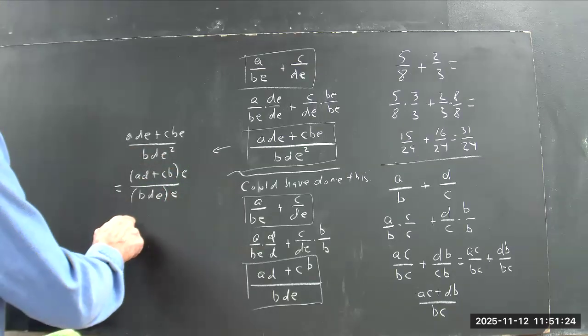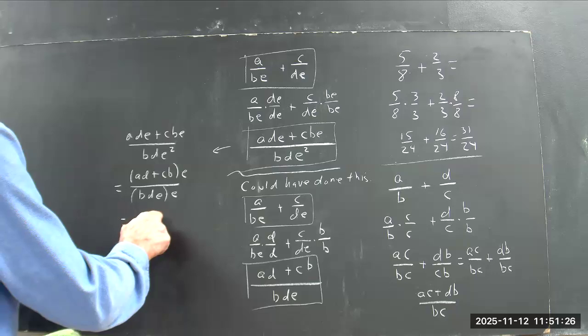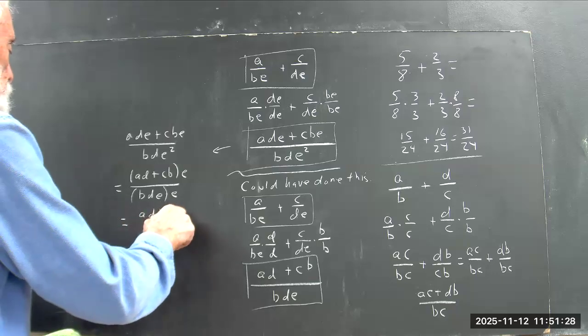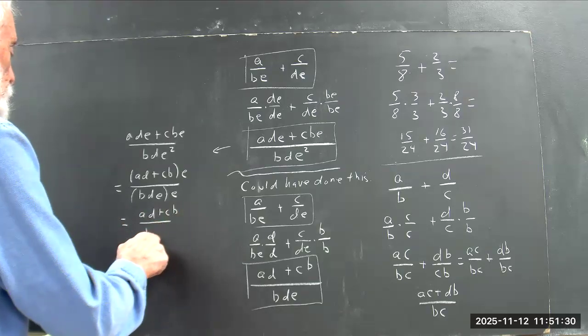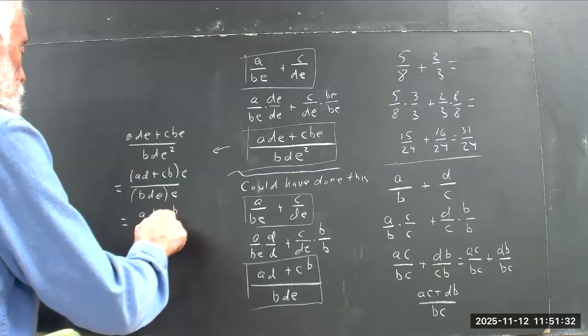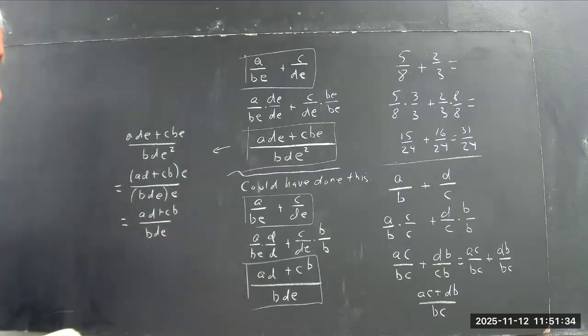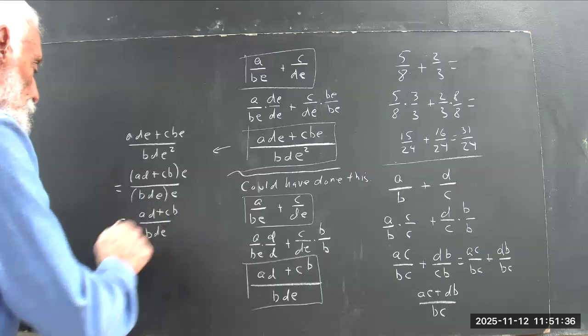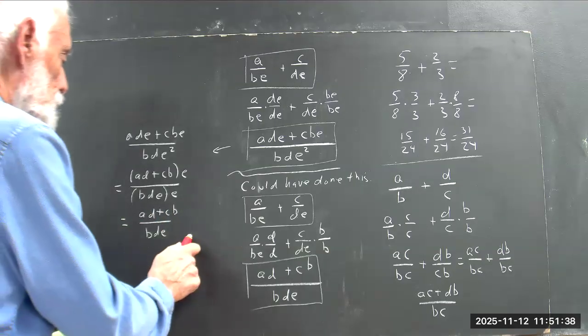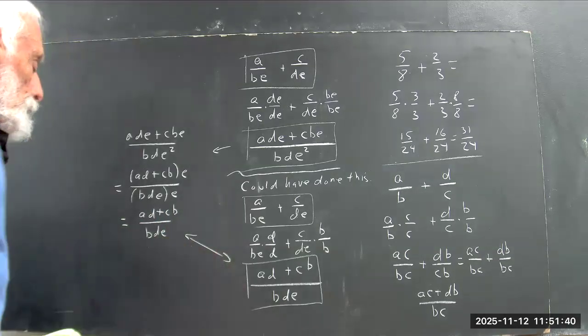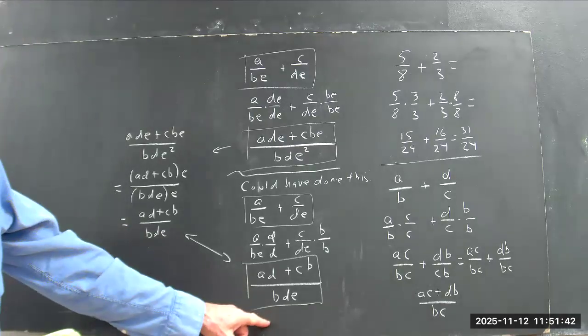So they can divide each other, and we just end up with AD plus CB over BDE. And this agrees with this.